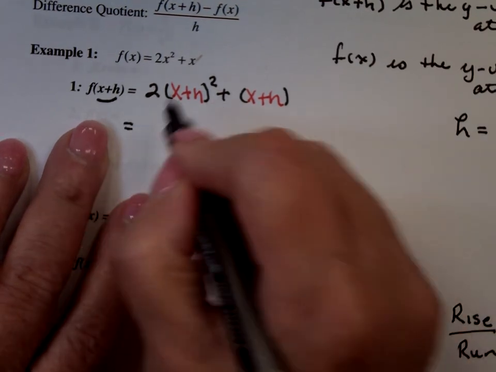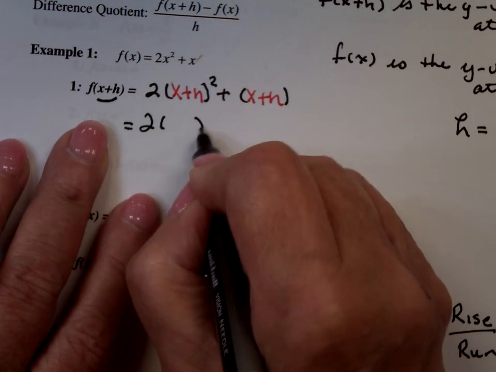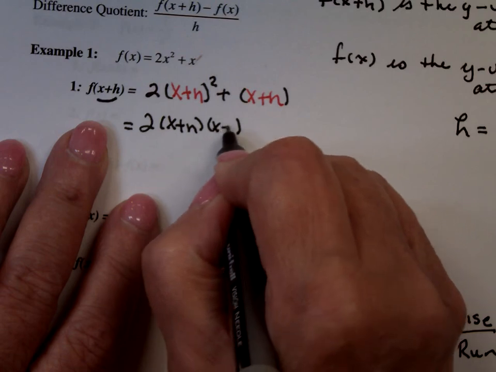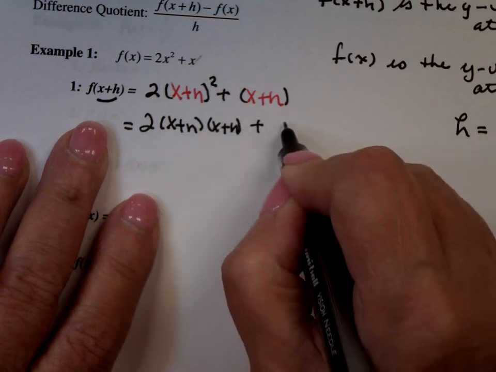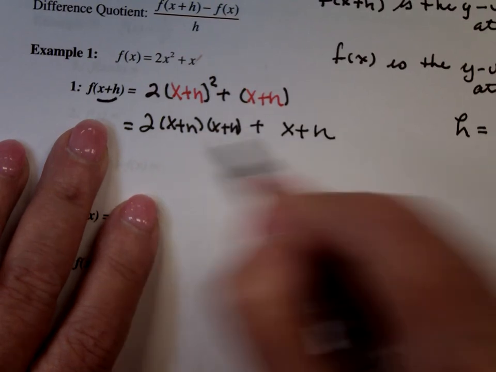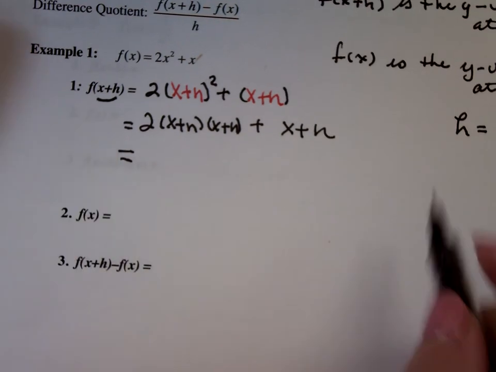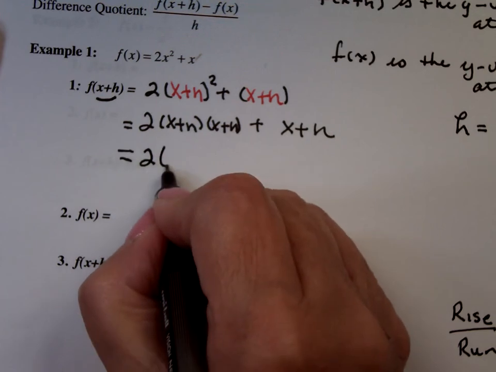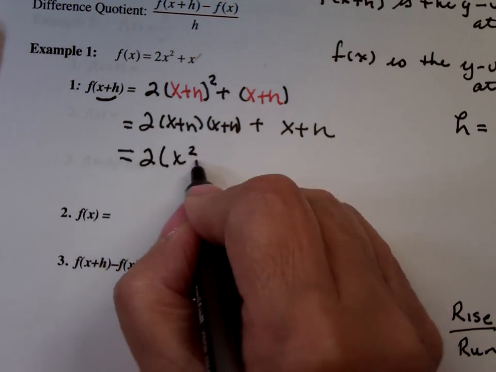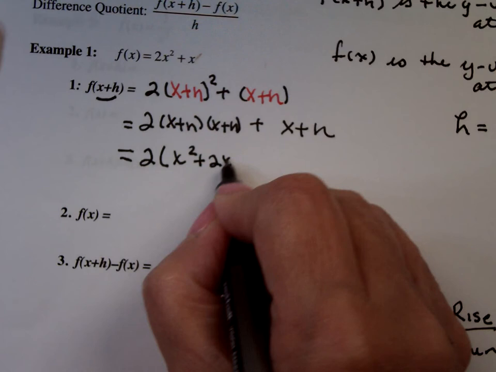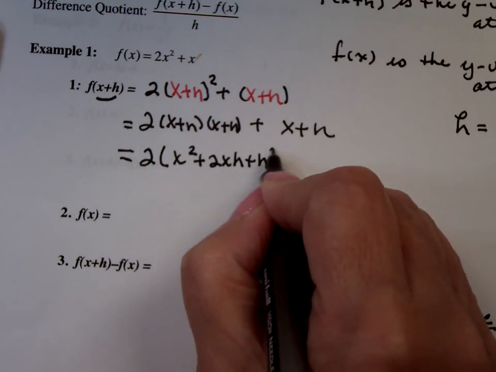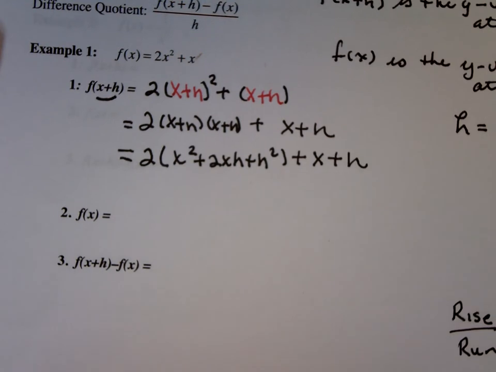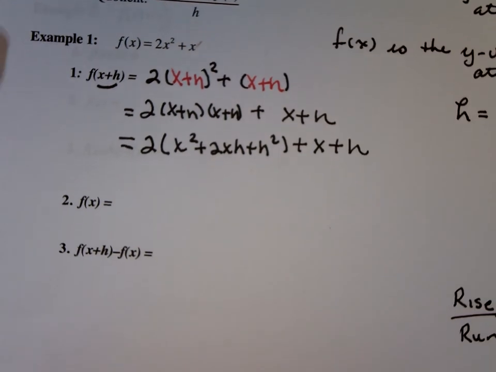So now I need to simplify. X plus h squared is just x plus h, x plus h, plus x plus h. X plus h times x plus h is 2 times x squared plus 2xh plus h squared, plus x plus h.